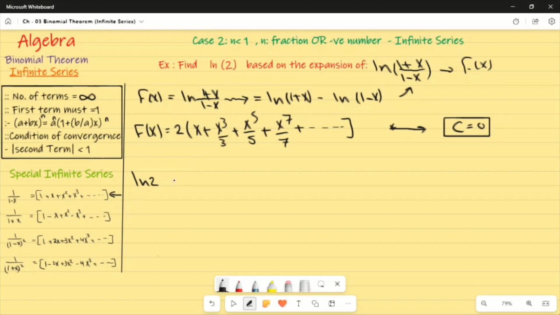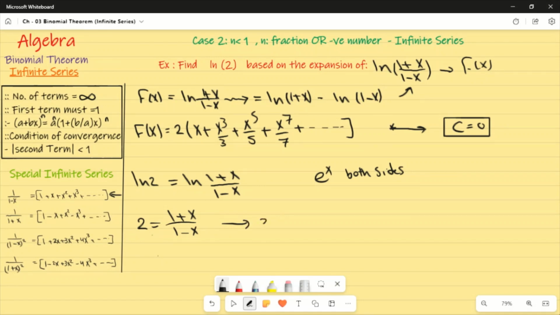So ln 2 here equals ln((1 plus x) by (1 minus x)). So just take the exponential of both sides. So here 2 equals (1 plus x) by (1 minus x).